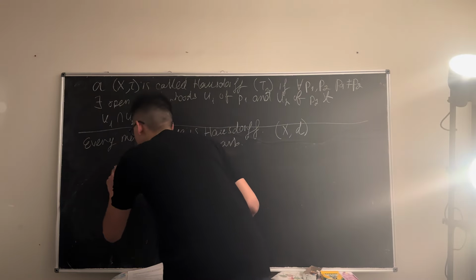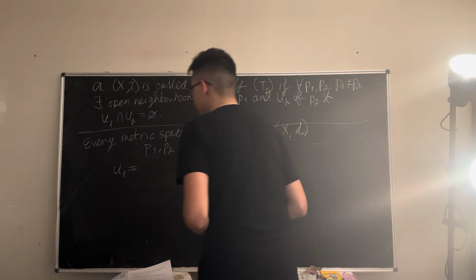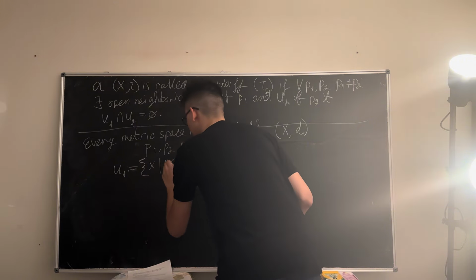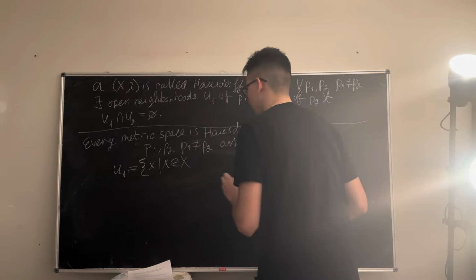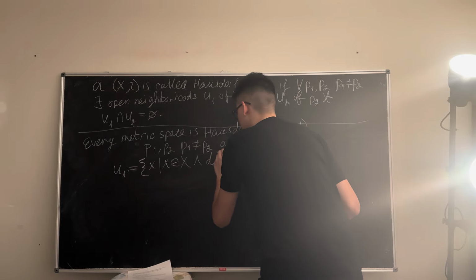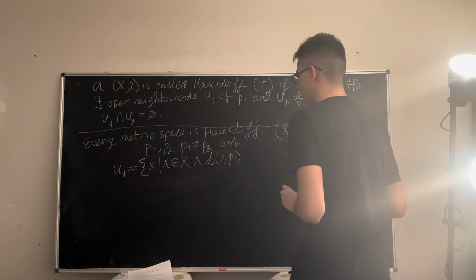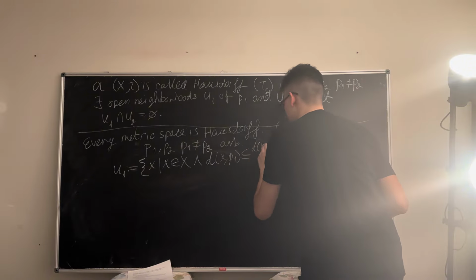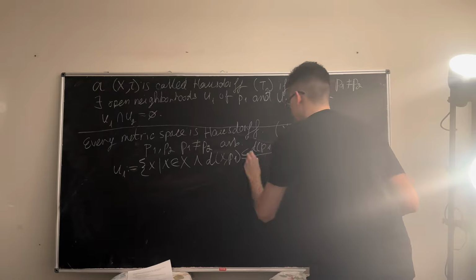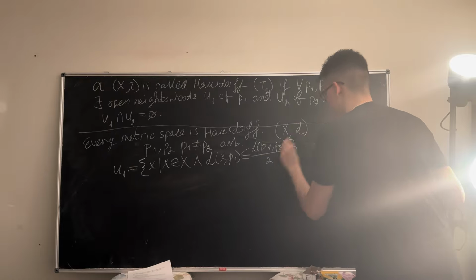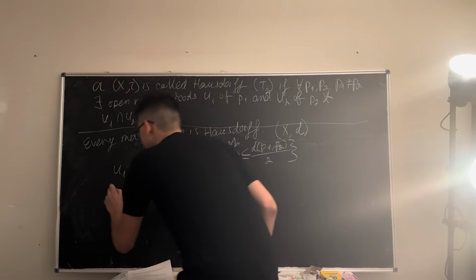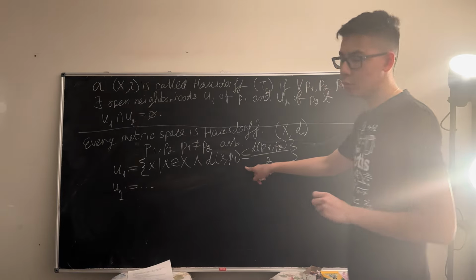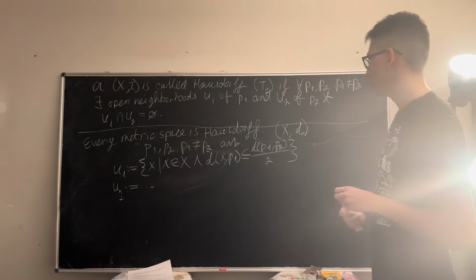So let's define the set U1 to be all x such that x is in X, and the distance between x and P1 is less than the distance between P1 and P2 over 2. And we define U2 analogously, but with P2 instead of P1 right here.